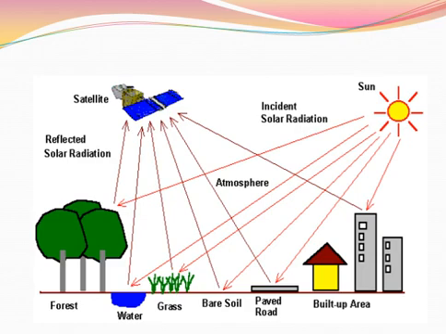Then types of remote sensing. It includes two types, that is passive remote sensing and active remote sensing. Then what do you mean by passive remote sensing? It makes use of sensors that detect reflected or emitted electromagnetic radiation, EMR, from natural sources.